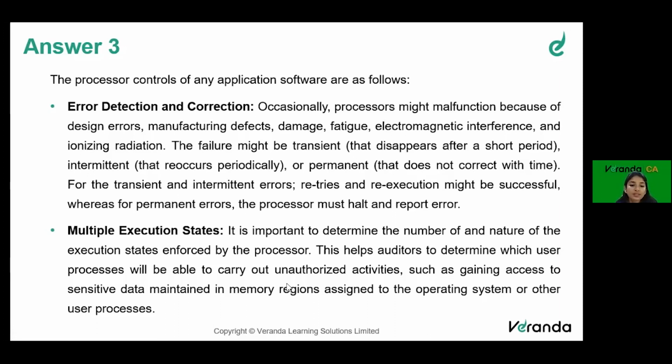What they're trying to say here is about execution states enforced by the processor. In how many tries is my app performing that activity? Actually, this point is not given very clearly here. We'll come back to this.